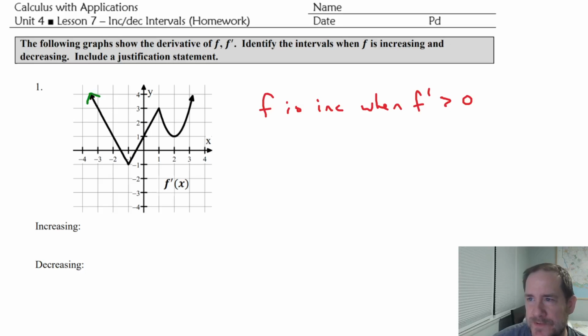And positive means just above the x-axis, so here and here and all of this also. So all this green stuff is where the original function f would be increasing, and of course f is decreasing when the derivative is negative, and the derivative is only negative here, the part where it dips below the x-axis. So that's it. That's the only thing we have to do for this question, is identify that stuff.